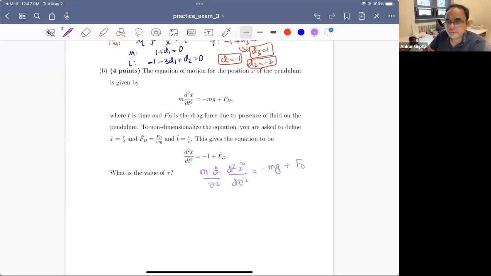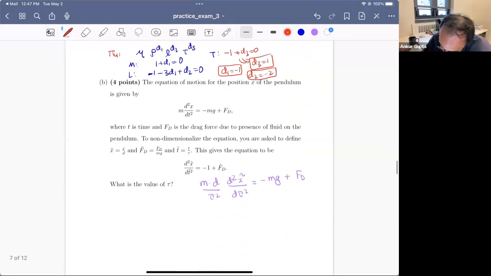I've just substituted. Remember that x is equal to x tilde d, and time is equal to t tilde tau.